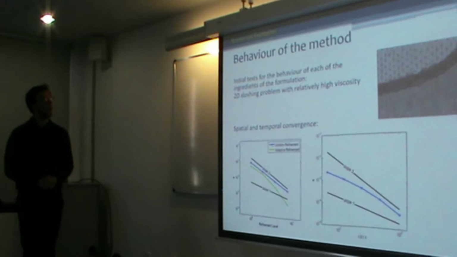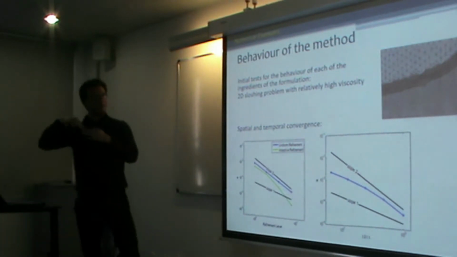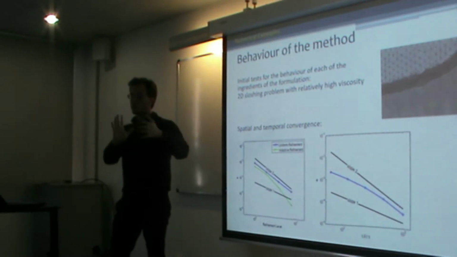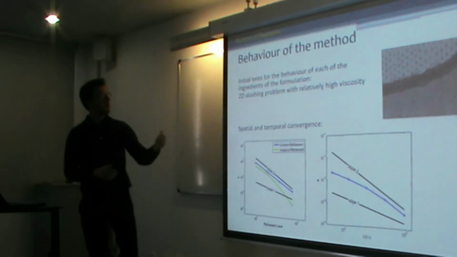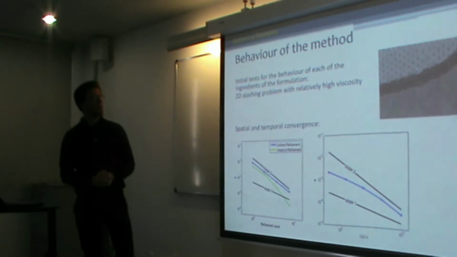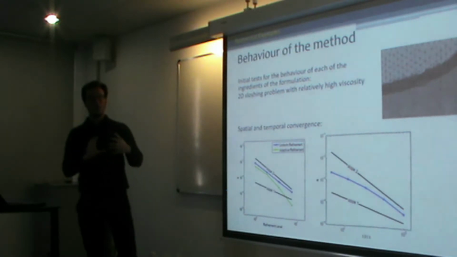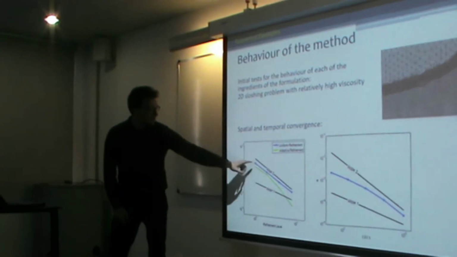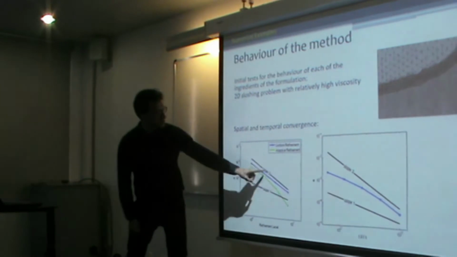First, we did some validation examples. In this case, this is a 2D example in which we have this tank which is moving, okay, and then the free surface moves, and we are studying the spatial and temporal convergence by comparing the results in successively finer meshes. Okay, so we see that for the spatial refinement, this is slope 2.